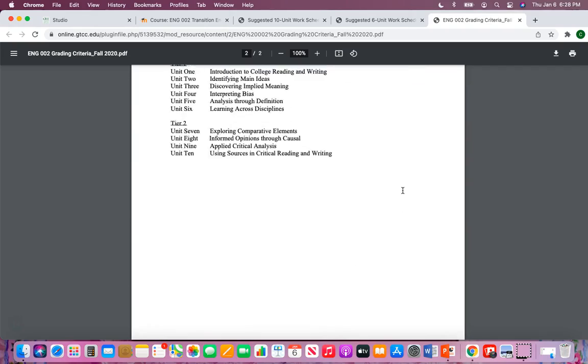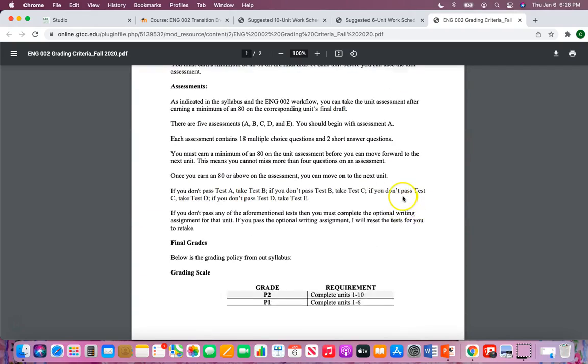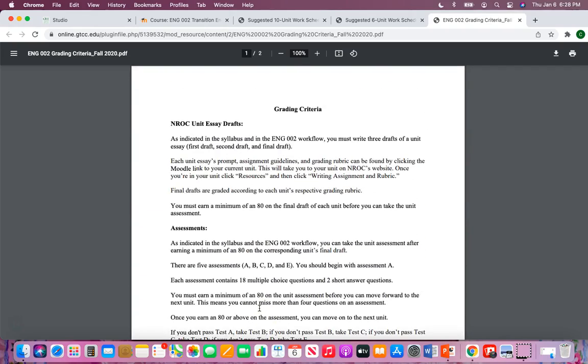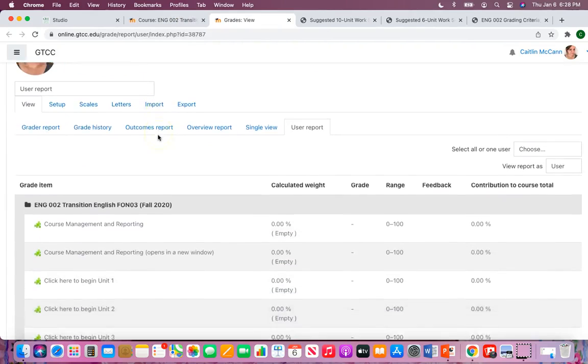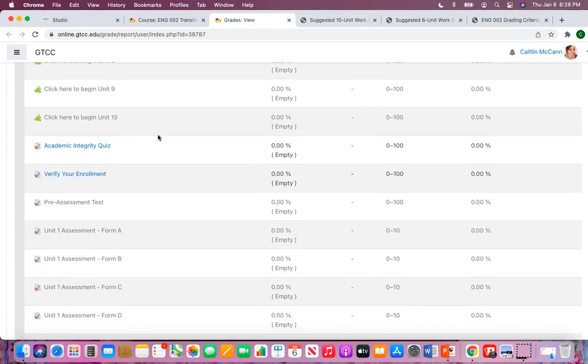Some of the information here is taken from the syllabus, but if you're ever confused or can't remember how this class is graded, please be sure to review this grading criteria document. And also, I talk about it in the other videos. And then there's a link to the grade book, but I don't use the grade book in this class. It means nothing, okay?